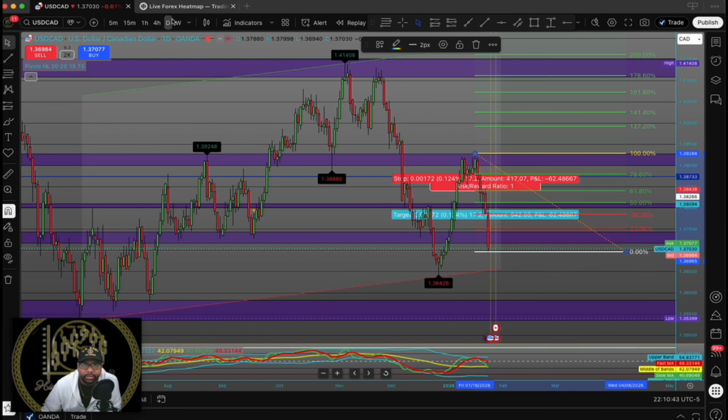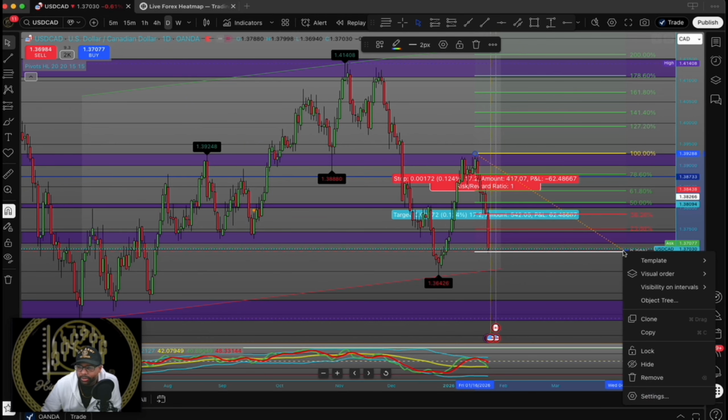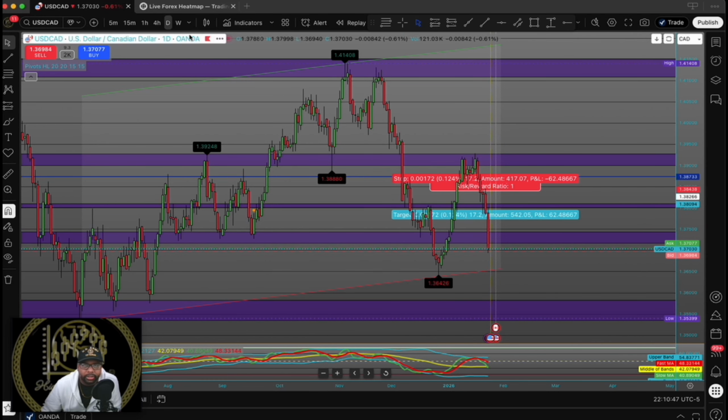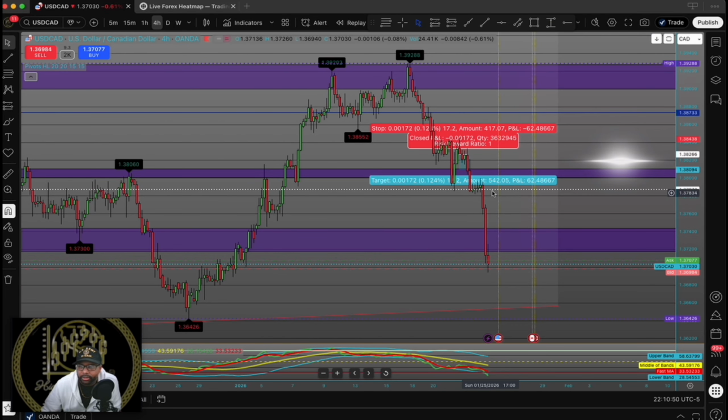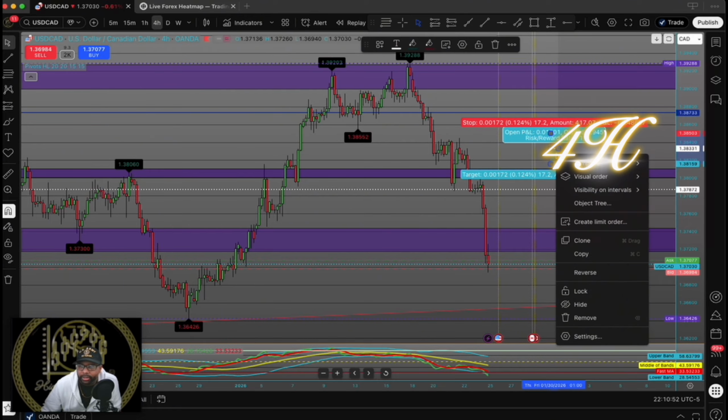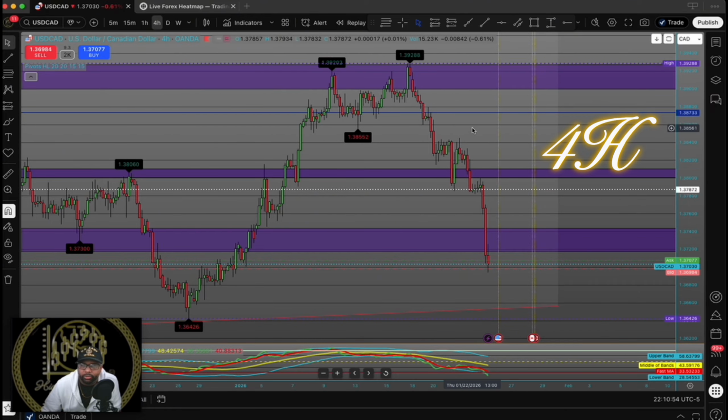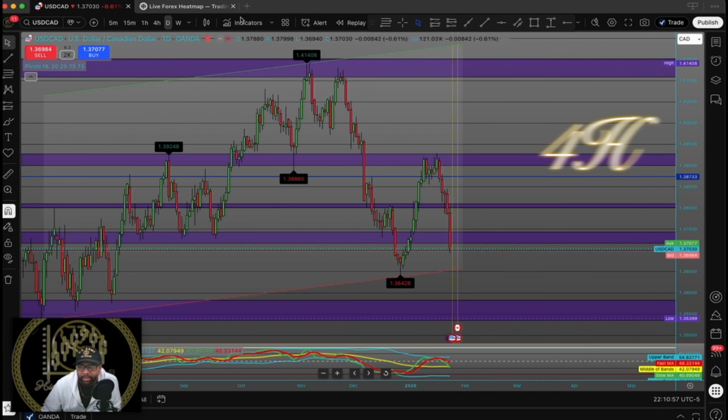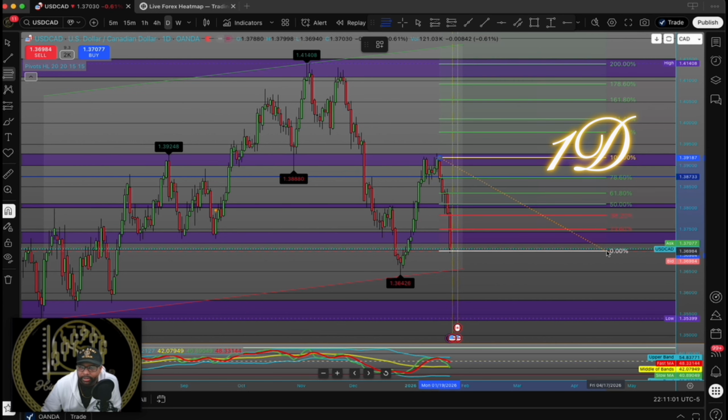Let's jump into the 4 hour real quick and see what's going on. I think that was the trade that we had this morning. Let's remove that. All right, we're back to the bigger picture. So if it makes the reversal, you'll be looking at the market going this way, all the way up to 161, 178.